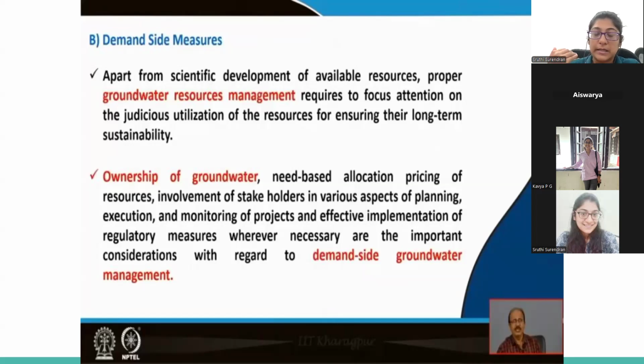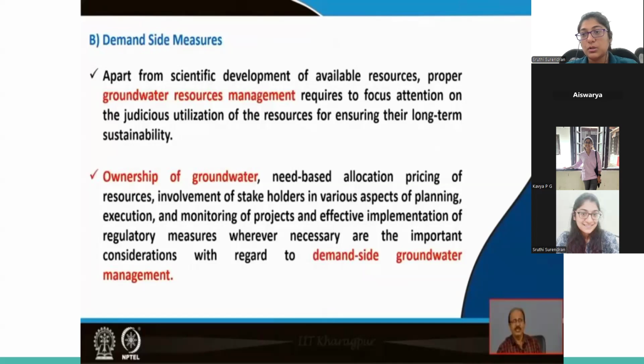Then again, if these management techniques involve the stakeholders, the people who are benefiting from this groundwater, in the process of management, planning and conservation, then again, this is a scientific measure that will help in conserving the resources or help in implementing judicious utilization of groundwater. So these are some of the important factors that need to be considered when demand side groundwater management is considered.